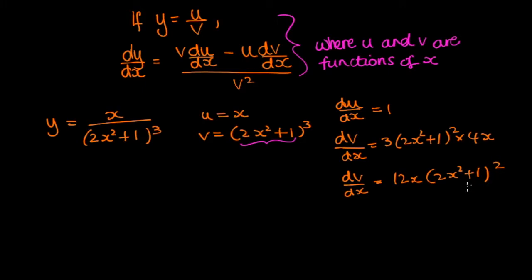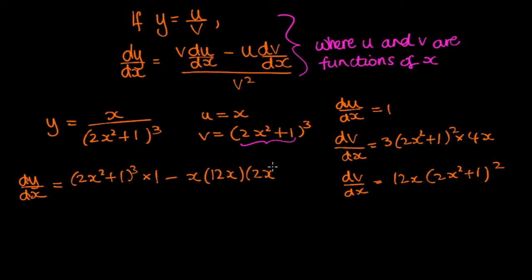So now if we plug this back into the original formula, we're going to get the derivative of y being equal to v, so (2x squared plus 1) cubed multiplied by 1. And we're going to subtract u times dv by dx, so x times 12x (2x squared plus 1) to the power of 2.